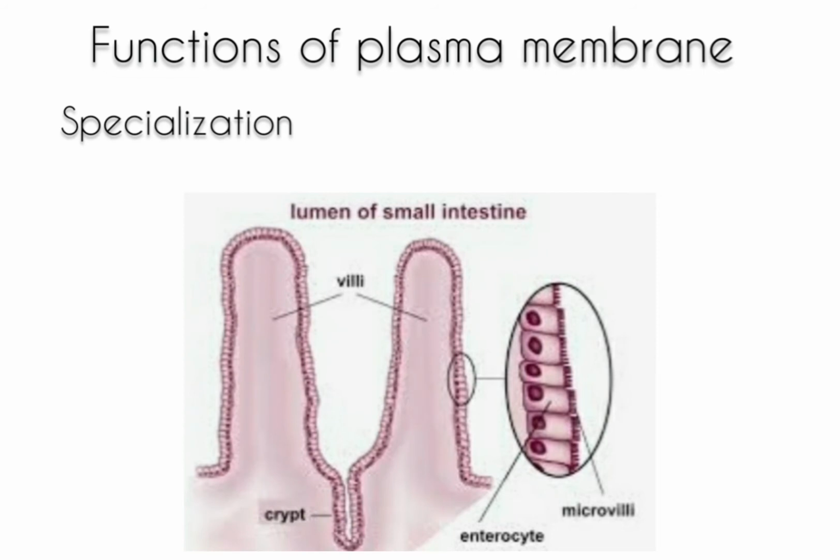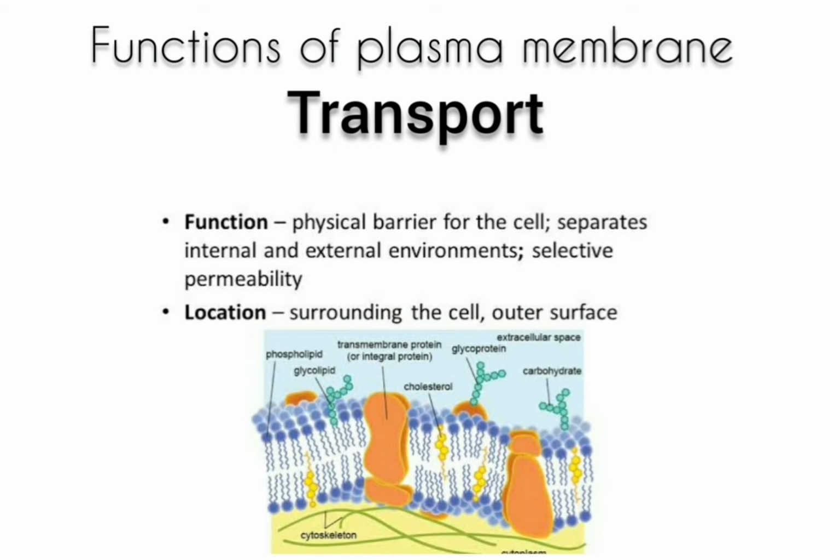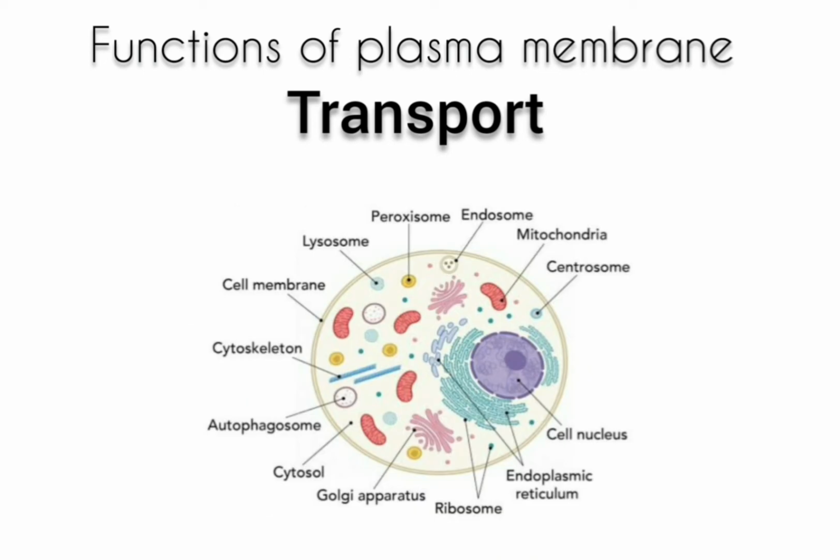Plasma membrane gets modified sometimes to perform different functions, for example, absorption in the villi. Transport is one of the major functions of the plasma membrane. The membrane acts as a physical barrier between the cell and the surrounding environment. The cell organelles also are bound by a membrane. So this membrane will form a barrier between the organelles and the cytoplasm.